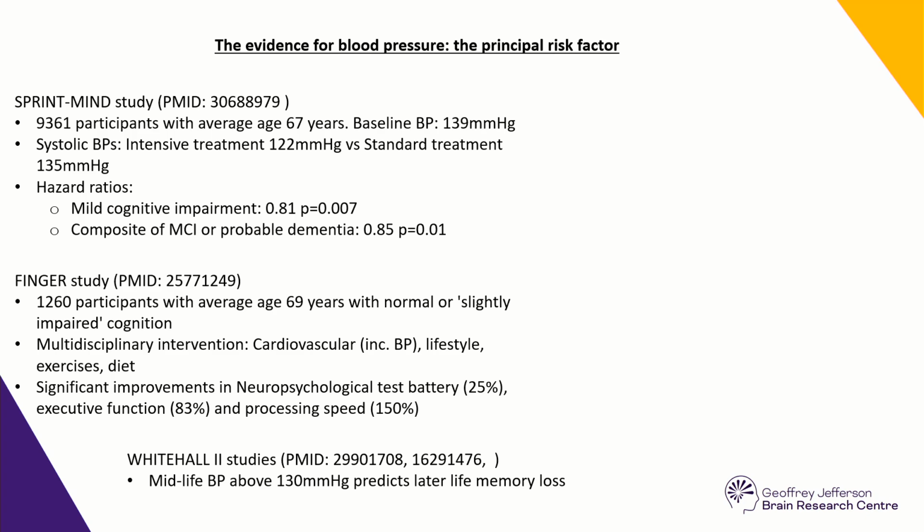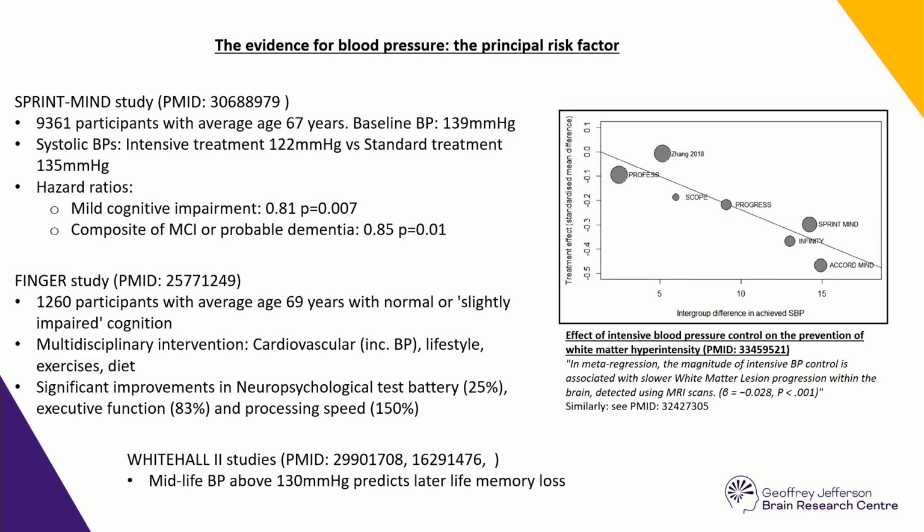In the over 65s, when your blood pressure in midlife is above 130, that's when you start to develop small vessel disease of the brain. And just look at what happens when you put all of these studies together in a meta-analysis. The lower the blood pressure is across the clinical trial, the less the development of white matter hyperintensities you get.